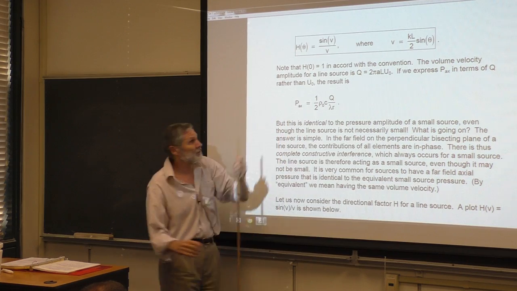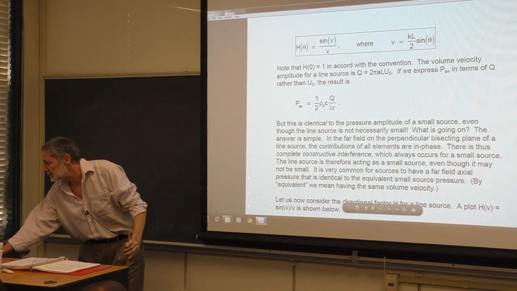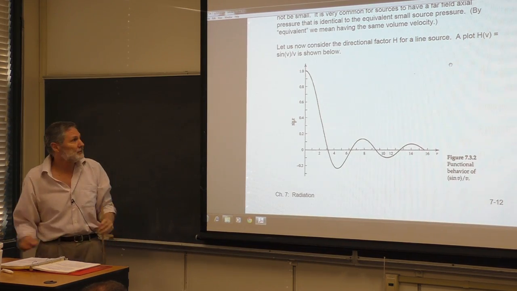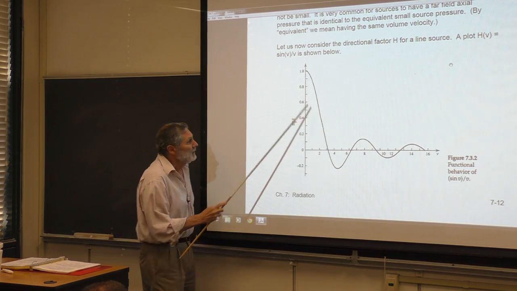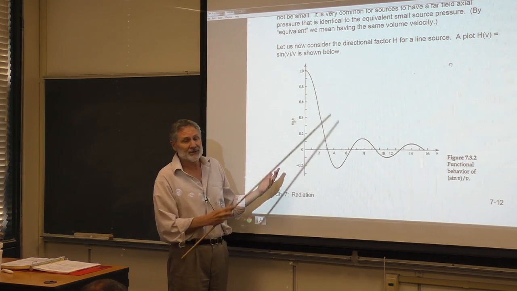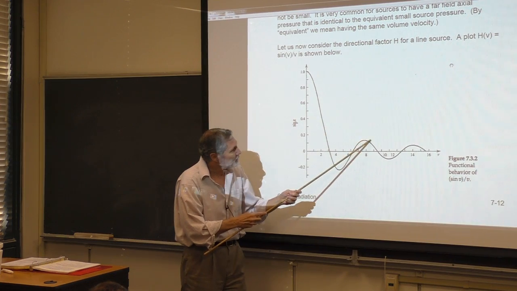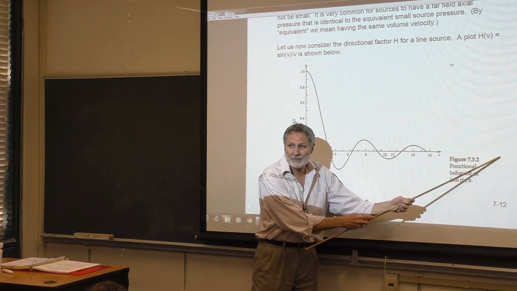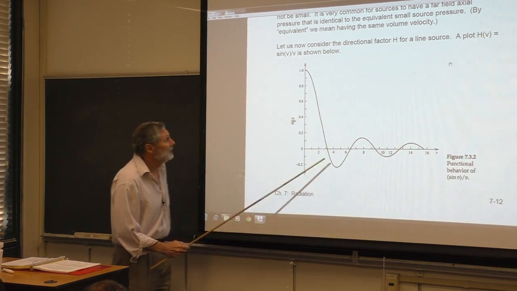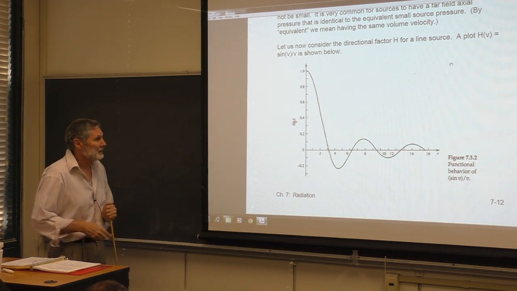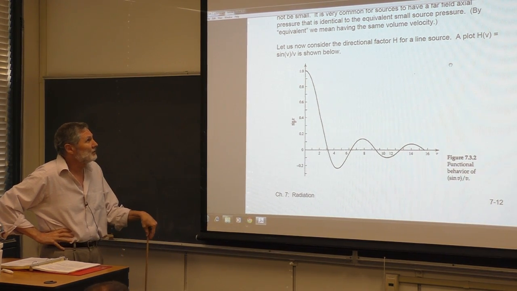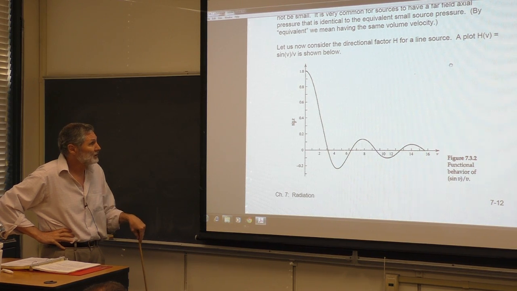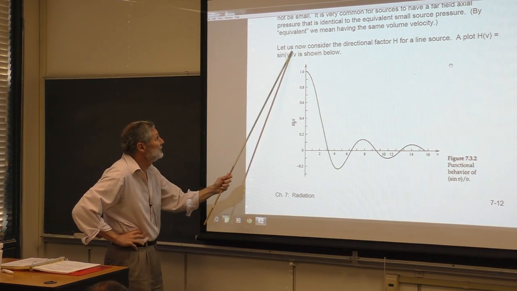So you know what it's going to look like. Here's a plot from KFCS. It's going to look like a damped sinusoid, where the amplitude is falling off as you get farther and farther out. And it's equal to 1 at 0. So this is the directional factor H as a function of V, which is this function right here.